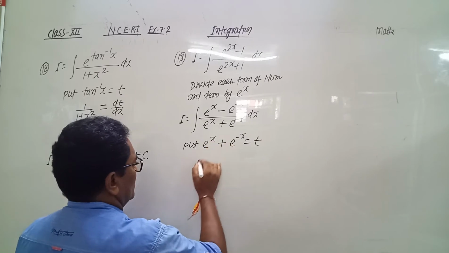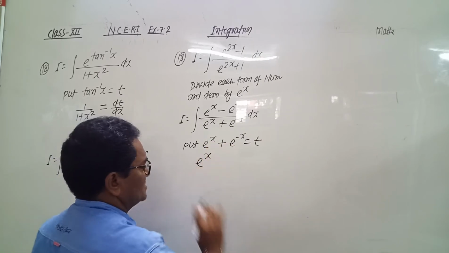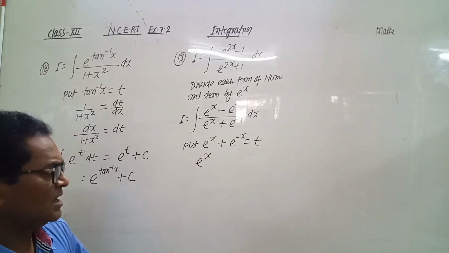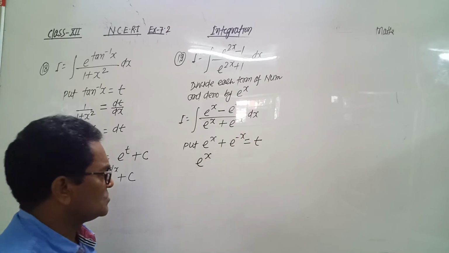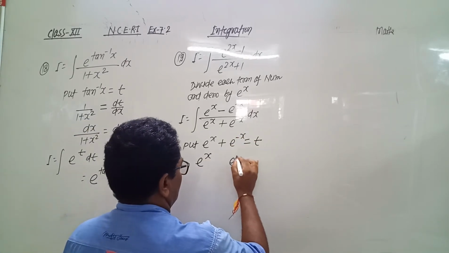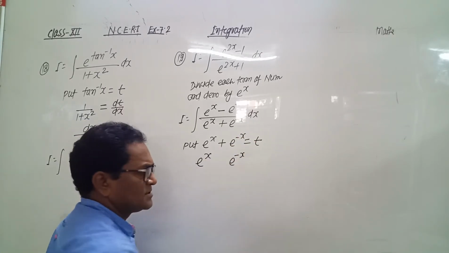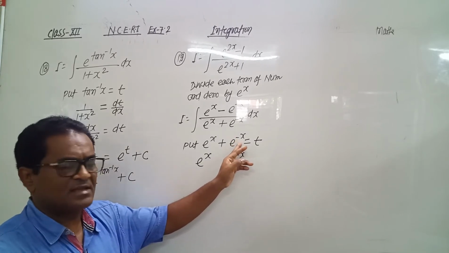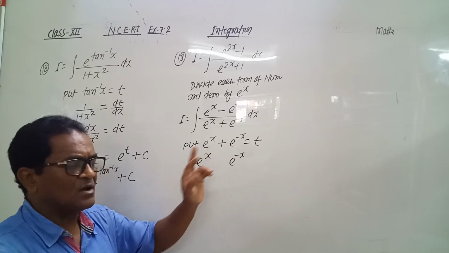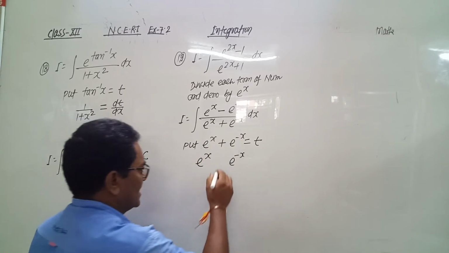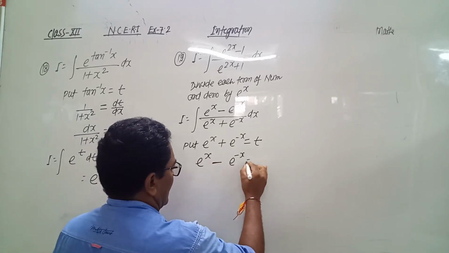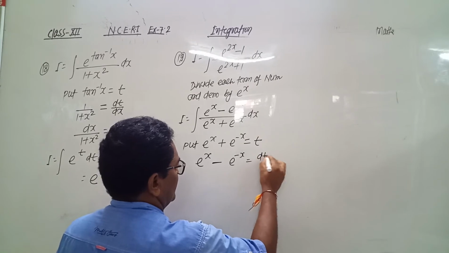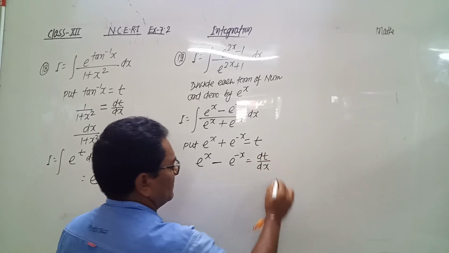So differentiation of e raised to the power x is e raised to the power x. Differentiation of e raised to the power minus x is e raised to the power minus x; now remove e and differentiate minus x. Differentiation of minus x is minus 1, and differentiation of t is dt by dx.